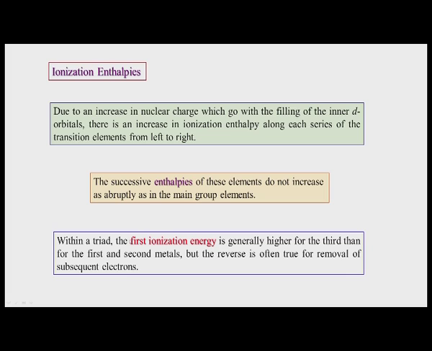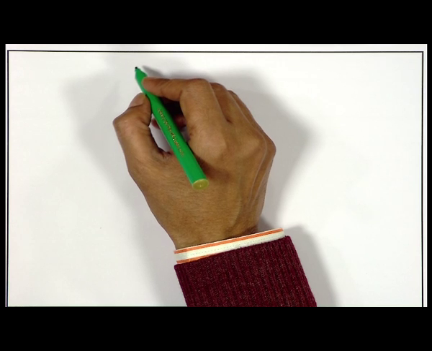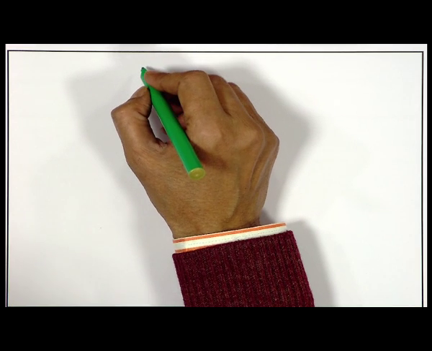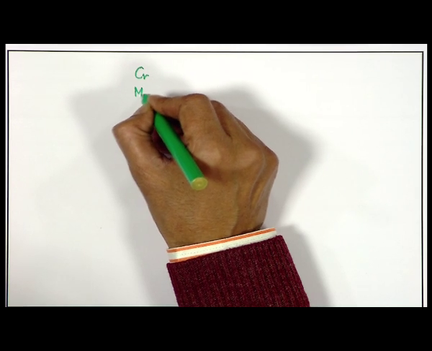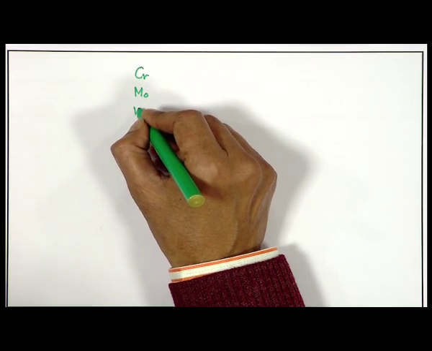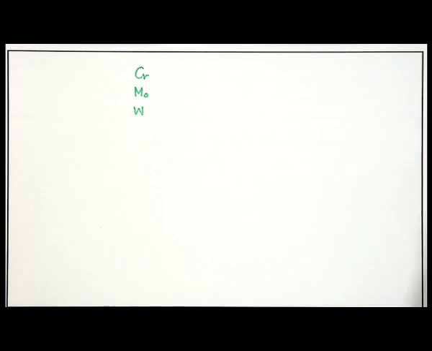But if we compare for the successive one as well as for a particular triad, we know now what those triads are. So, for these triads, as we have just compared in our previous class, the triad for say chromium, molybdenum and tungsten, this is one particular triad.